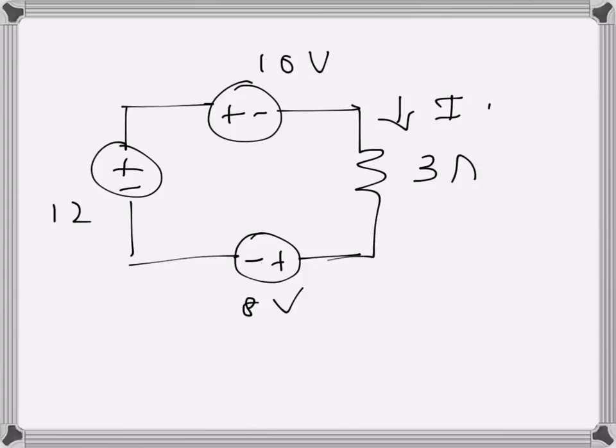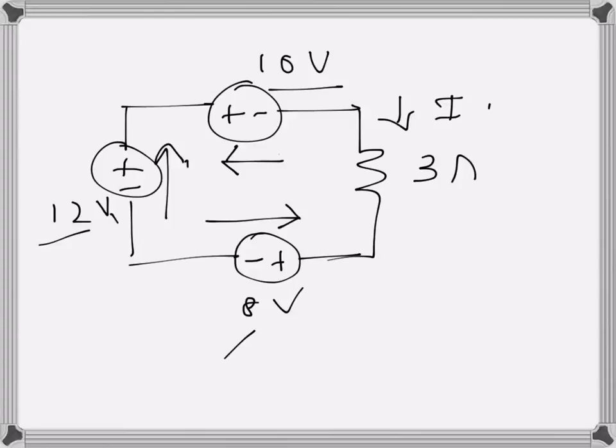So what I can see, this 10 volt voltage source drives current in this direction, this 8 volt voltage source drives current in this direction, and this one, the 12 volt one, drives current in this direction. Since they are connected in series, I can find the equivalent voltage source.